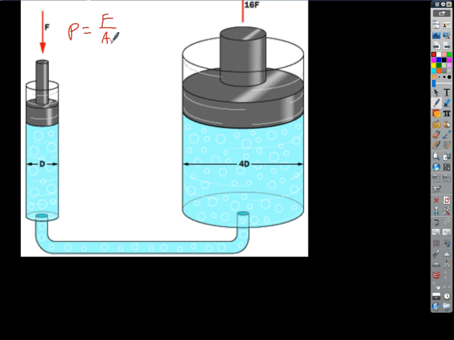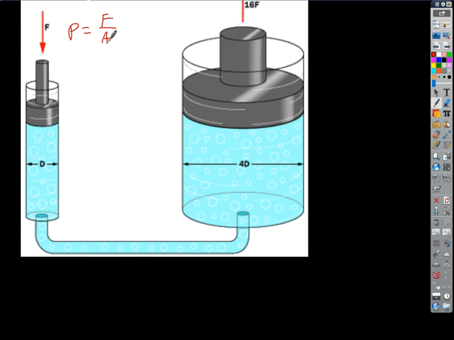If this is connected with this hydraulic line so oil can flow freely between the two cylinders, what's going to be the impact here? Well, here we've got the same pressure inside, but it's acting on a much, much larger area. So what's gonna happen? Force is gonna go up, isn't it? Right?